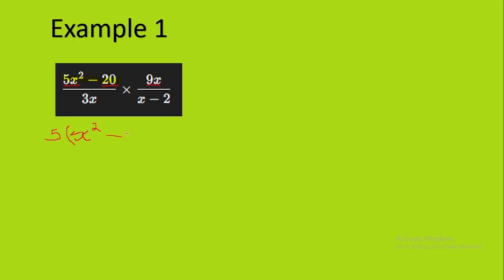If we take 5 from 20, meaning 20 divided by 5, we'll be left with just 4. All over 3x, times 9x over x minus 2.